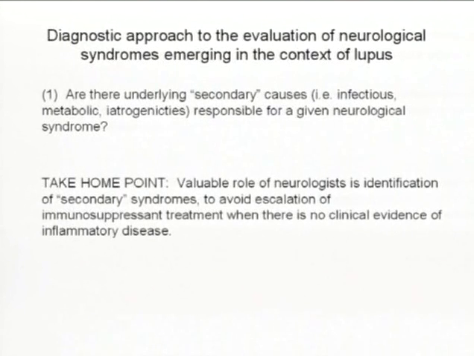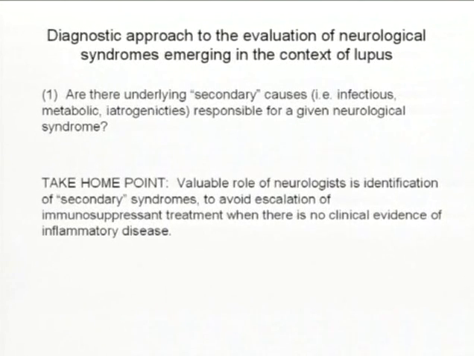A lot of times rheumatologists will see neurological disease. It'll be something esoteric, something unfamiliar, and they'll kind of want to shoot from the hip. And the role as neurologists is to say, wait a second, slow down. Let's see if there's a secondary disease, and let's construct a careful differential diagnosis. So let's say that's step 1 of the paradigm.